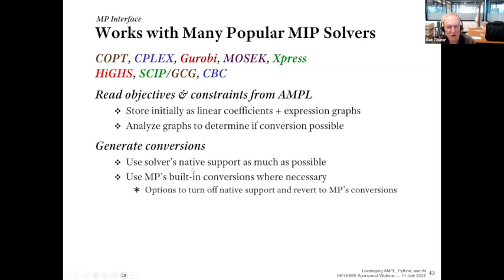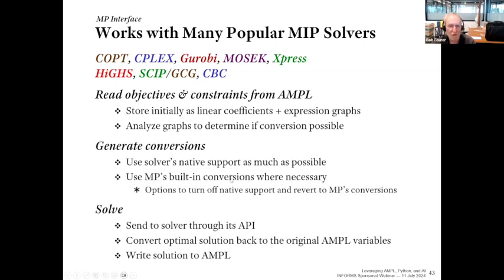It generates all those conversions, and when it's done, it sends it to the solver. And when it comes back, it's all examinable in AMPL. It actually shows you all the AMPL variables, and you never have to see all the conversions and so forth. So with that, I'll hand it back to Filipe.